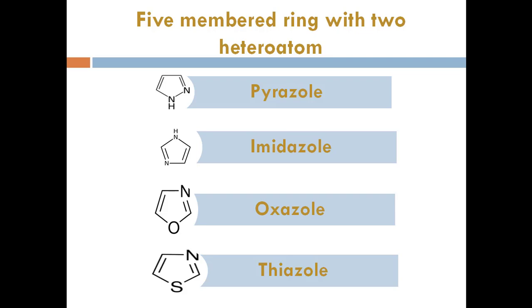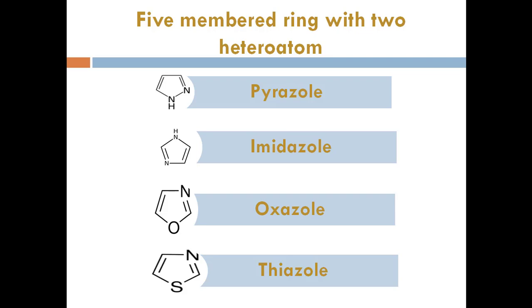Then 5-member rings with 2 heteroatoms: pyrazole, imidazole, oxazole and thiazole, right? In pyrazole, it is a 5-member ring with 2 nitrogen atoms, and the relative position of the 2 nitrogen atoms is at 1-2 position.